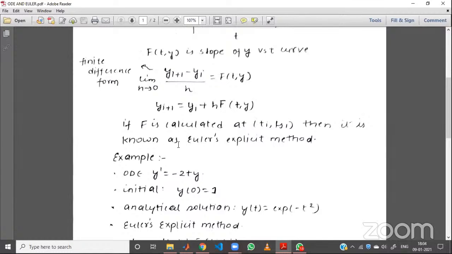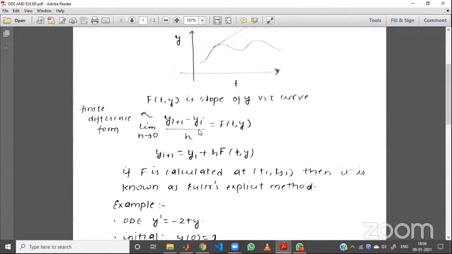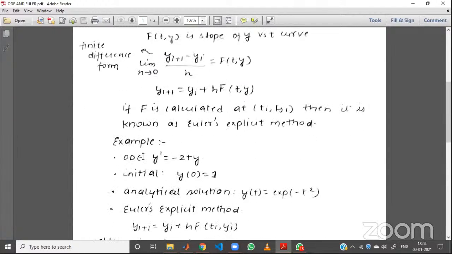So how will we do this in MATLAB? I will show the code. Let's take an example: the ordinary differential equation y dash equals minus 2t y with initial value y of 0 equals 1. What will be the analytical solution? Mathematically we find y of t equals e to the power minus t square.